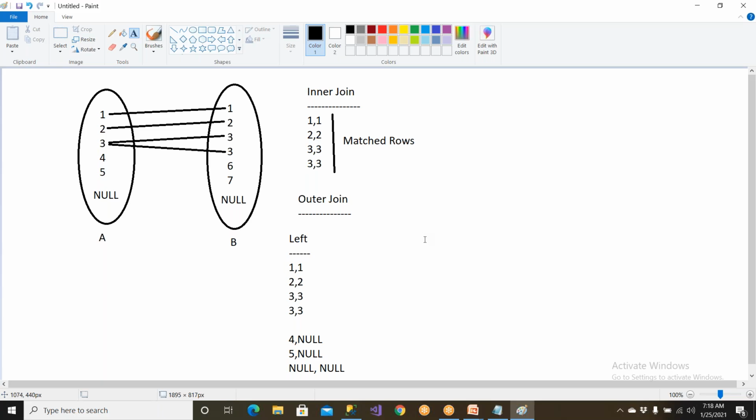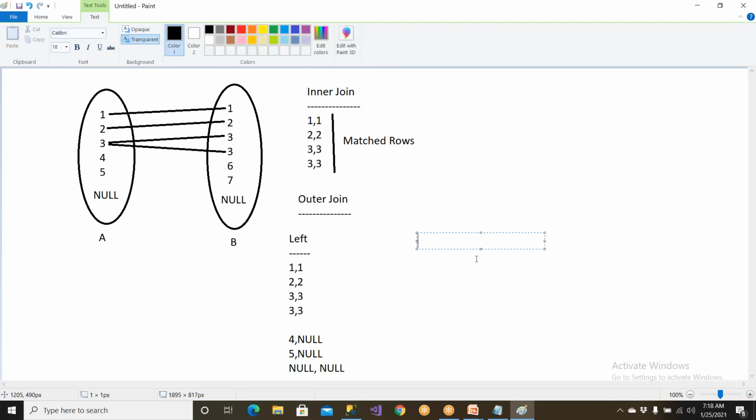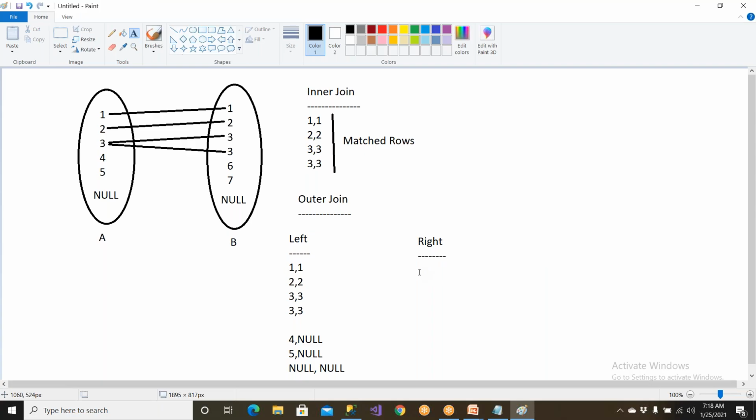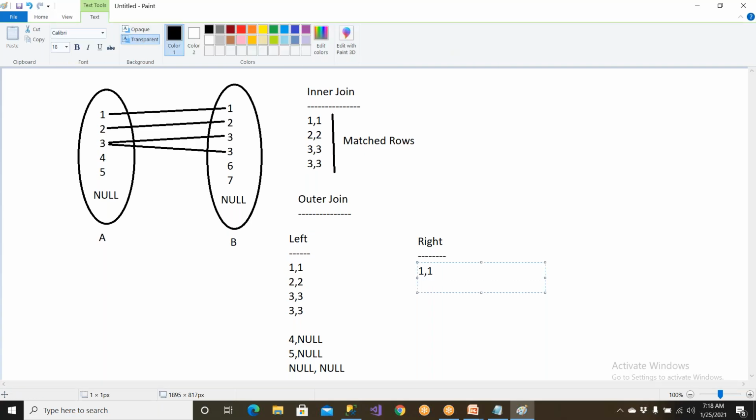As it is, we can have a right join as well. Clear? So in the right join, the same trick is applied. What is the trick? It is inner join data, matched data: 1 comma 1, 2 comma 2, 3 comma 3, 3 comma 3, and we need to discuss unmatched data, that is a 6 and a 7, and there is a null value.